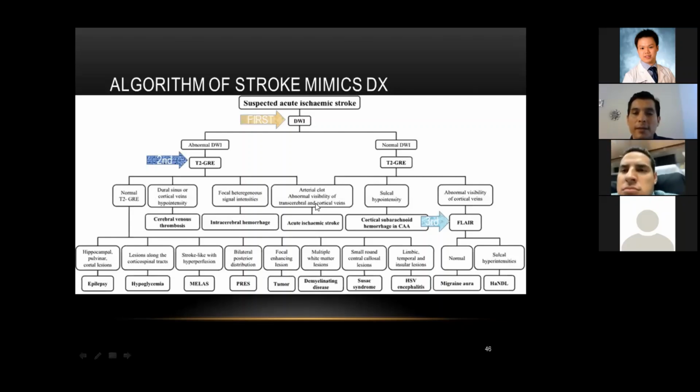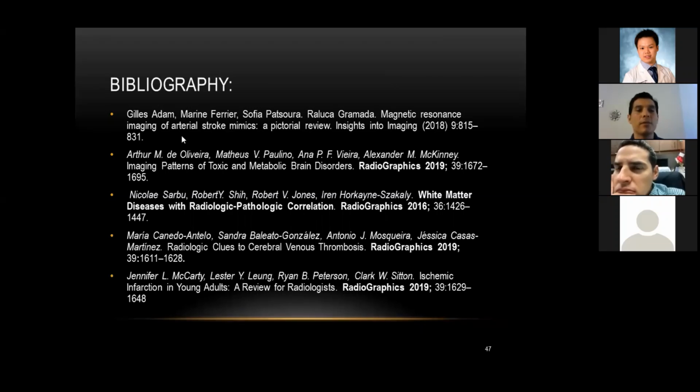And this is the special place that stroke has in all these algorithms, because it could be normal in DWI in the first minutes, even the first hour, and could have normal T2 gradient features.